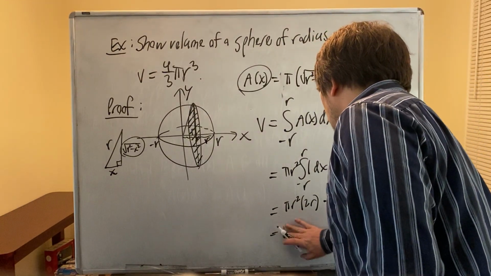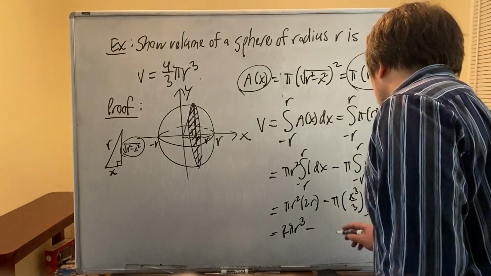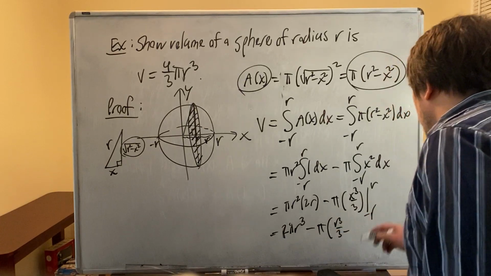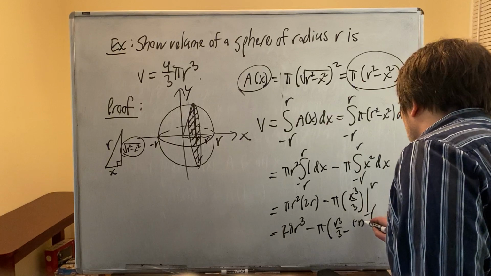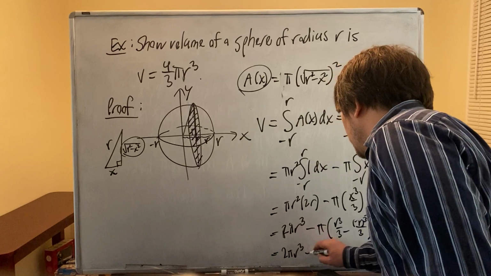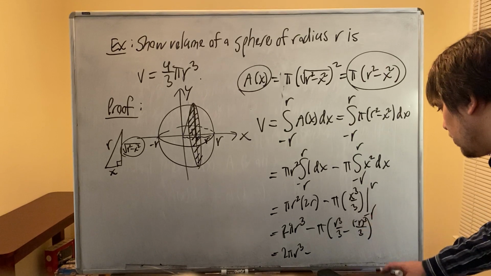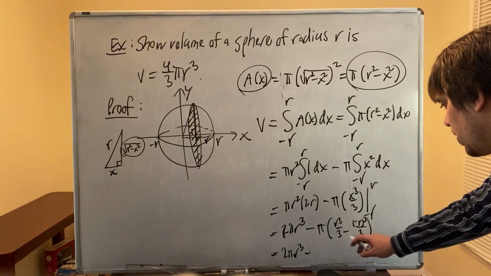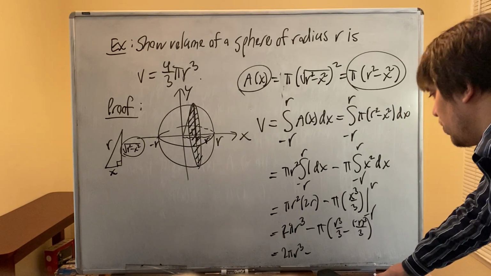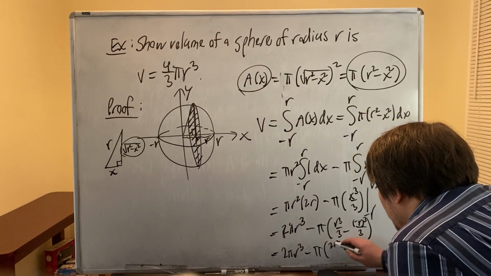So it's equal to 2 pi r cubed minus pi times r cubed over 3 minus negative r cubed over 3. Negative r cubed is the negative of r cubed, so r cubed over 3 minus negative r cubed over 3 is r cubed over 3 plus r cubed over 3, which is 2r cubed over 3.